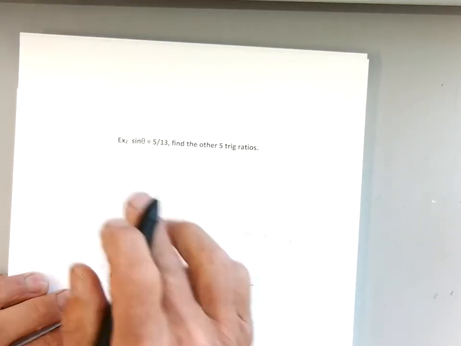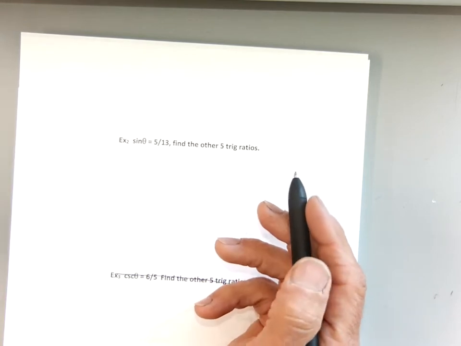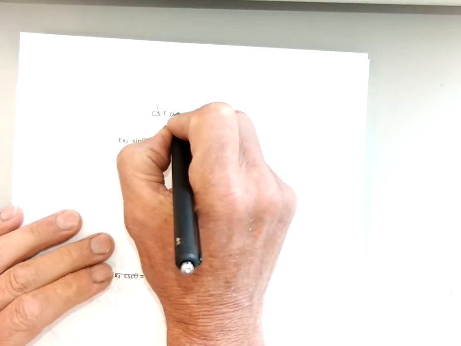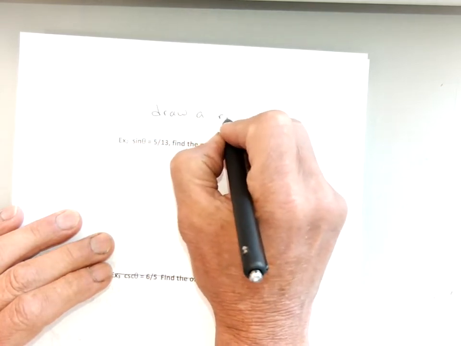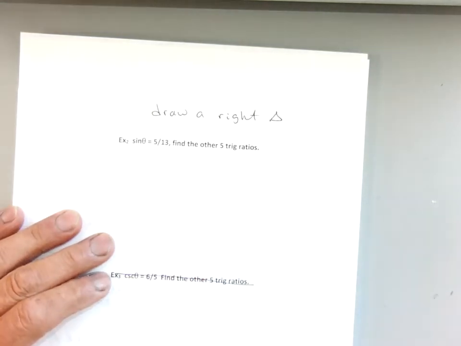Example 2 says sine of theta equals 5 over 13. Well, what I probably need to do is draw a right triangle, and that's going to help me out, okay?